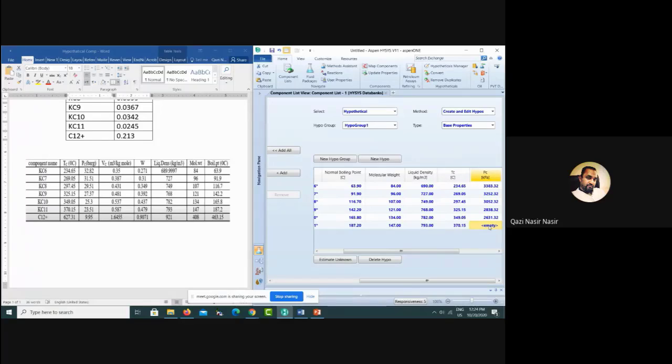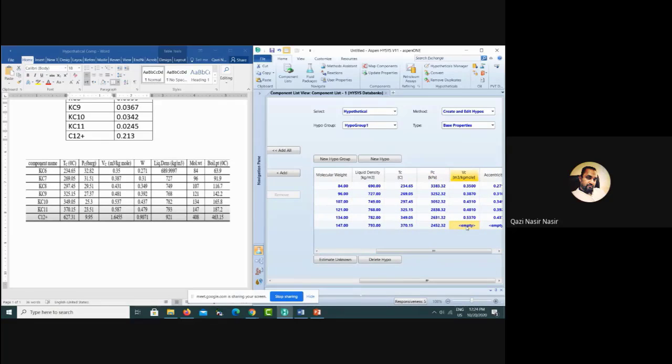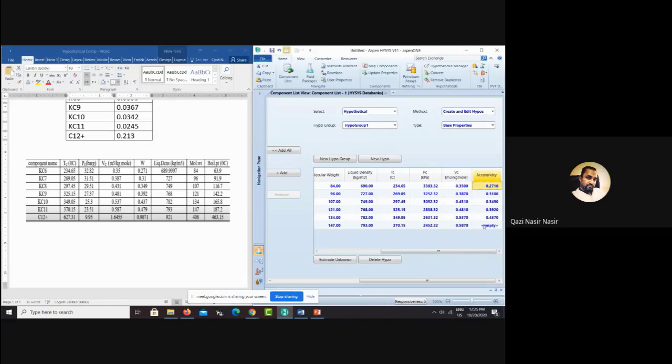Critical pressure is 23.51 bar G, so just go down and select bar G. Okay. Critical volume is 0.587 and eccentricity is 0.479.